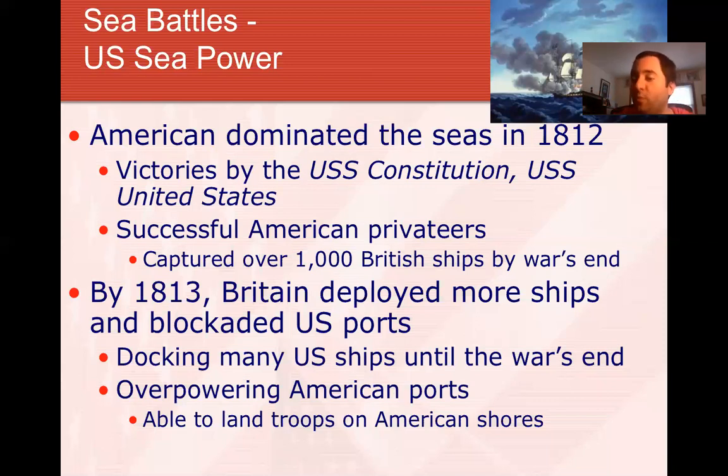What's the impact? Well, you can see here, the clear impact is Britain now came up with a great advantage. Okay, it didn't take that long to come up with it either. A great advantage to try to show greater strength against America.